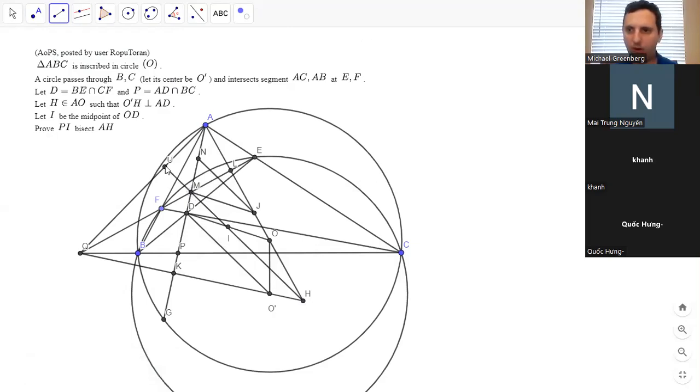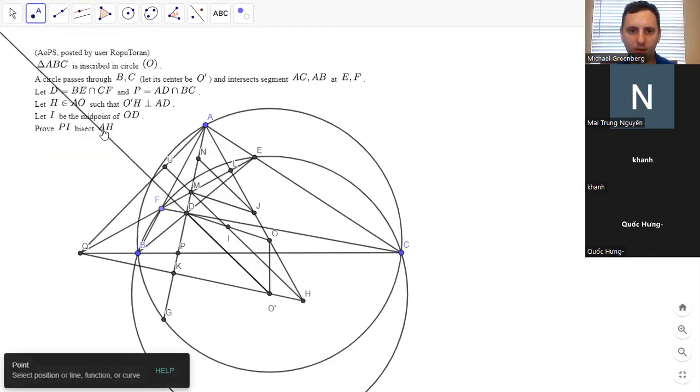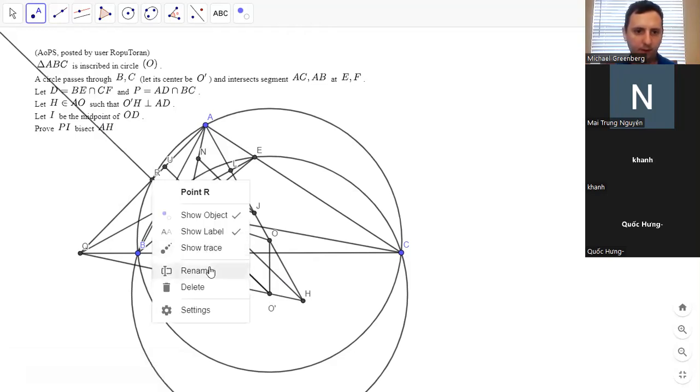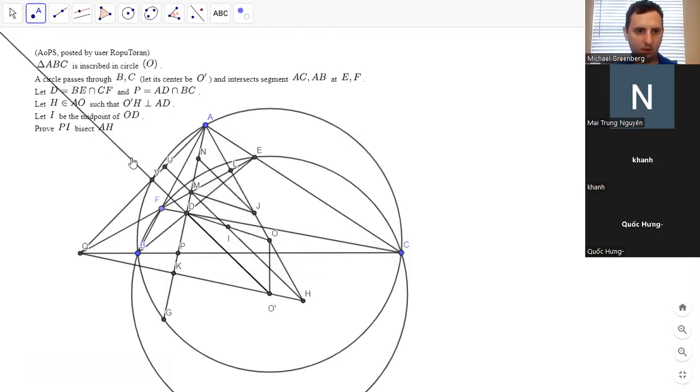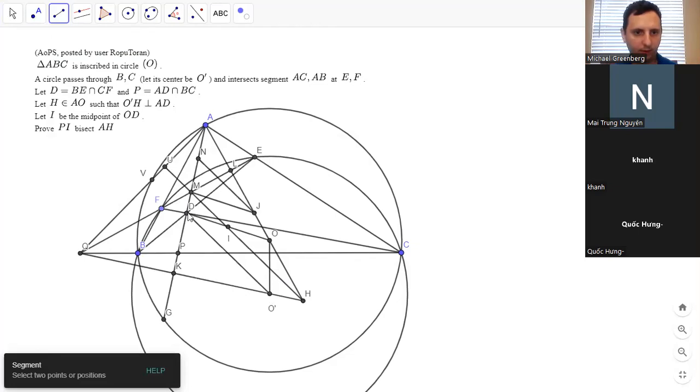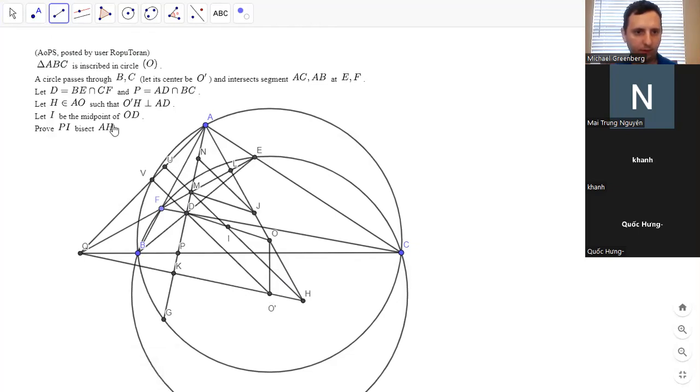And then O prime B intersects AQ at V. And it looks like that's on the circle, right? Okay, so this will be V. So V lies on the big circle and U lies on the smaller circle.